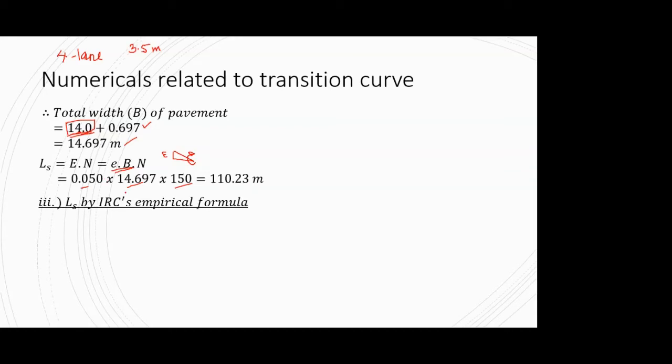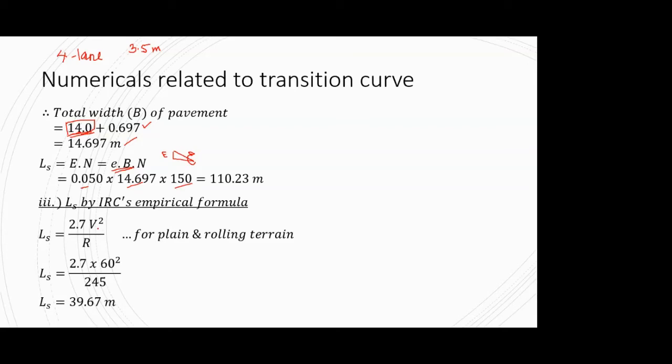And by the third formula, now for the third formula, I have used the formula for rolling and plane terrain, because you'll see that if I use this formula 2.7 V square upon R, my value comes out to be 39.67. And even if I use the other formula, that is Ls is equal to V square upon R, which is in case of hilly areas, we really don't know whether the numerical is related to hilly area or rolling or plane terrain.